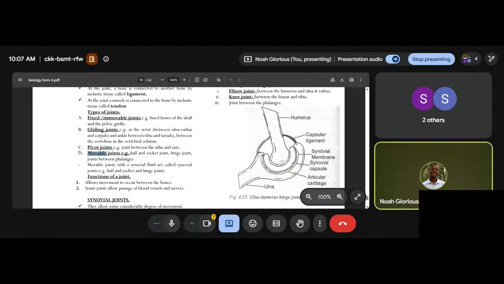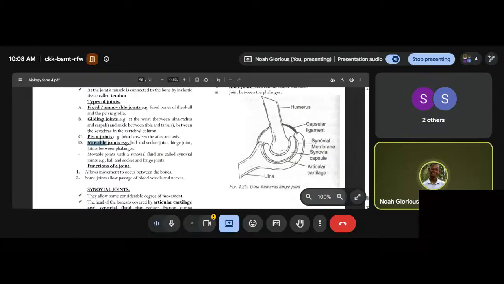For example, you can close your hand and the fingers will lie on the bottom. You can stretch your fingers and such. So that is to bring about movement. So ball and socket joint. Another one is hinge joint, a very important part when you talk about the joints of the skeleton.